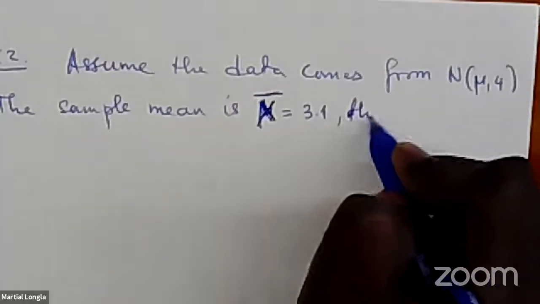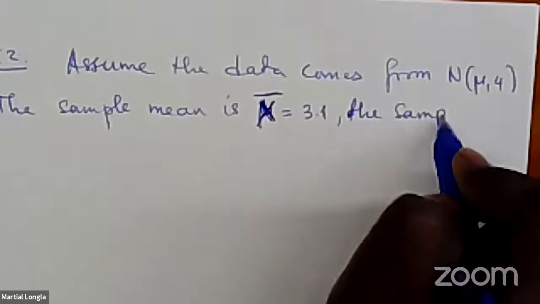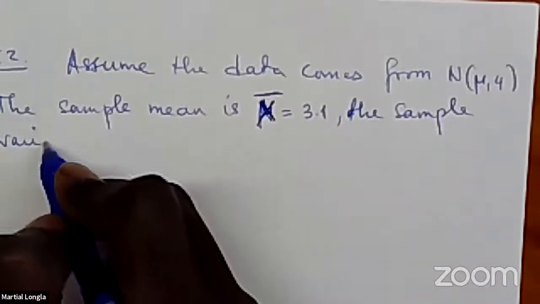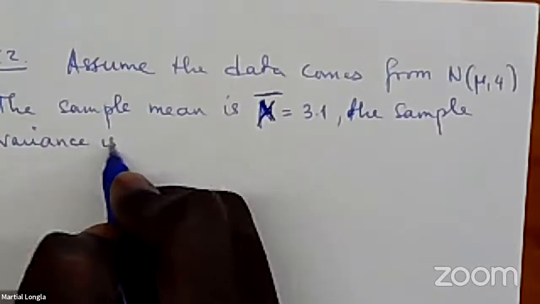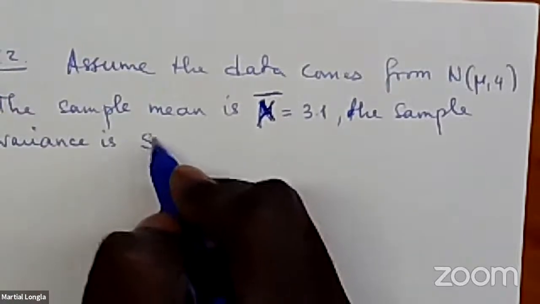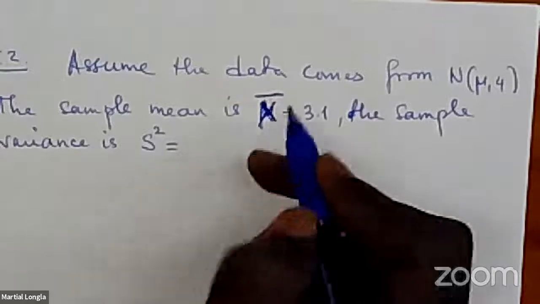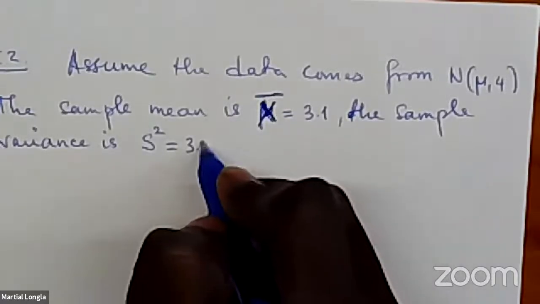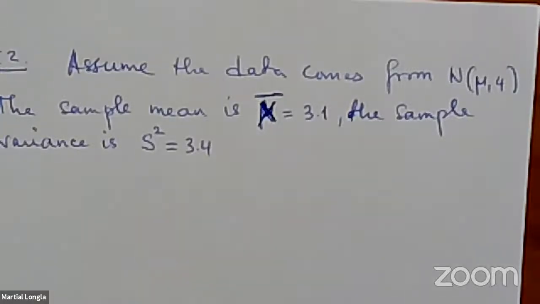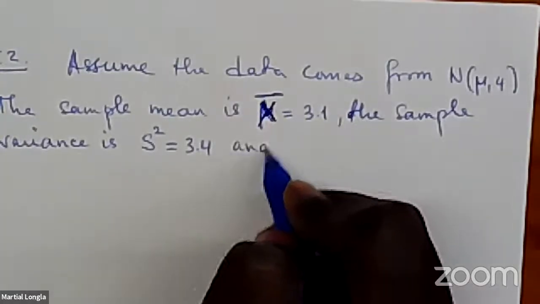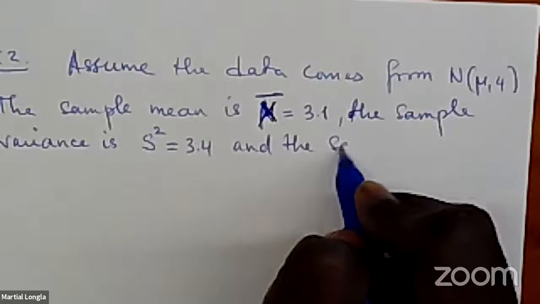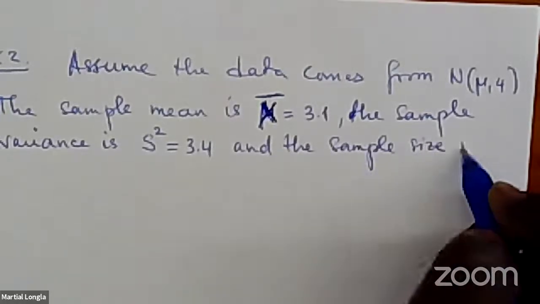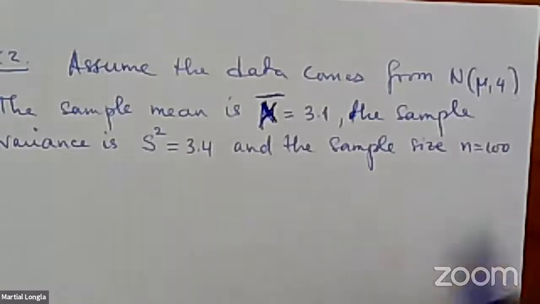The sample variance is s squared equals 3.4, and the sample size n equals 100 again.